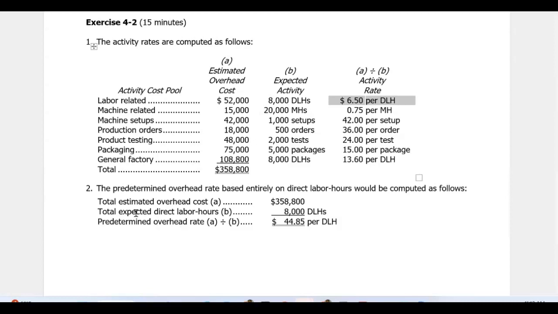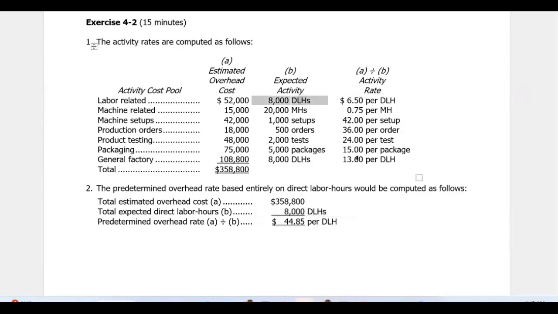But in general, previously we learned that to do this, instead of all this headache, we can use a simple method. And here is a simple method, having one predetermined rate for everything. So here is estimated overhead cost of $358,800, which is coming from right there, divided by direct labor hours that is estimated, 8,000 hours.